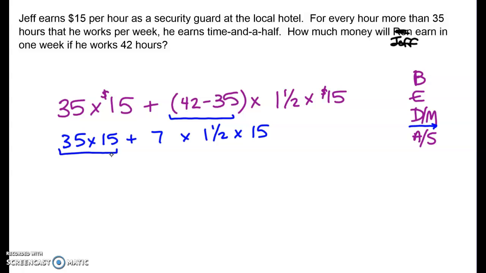35 times 15 is $525, plus 7 times 1.5 times 15. Good. Okay, the next multiplication would be here. So we're going to first have to turn that to improper.